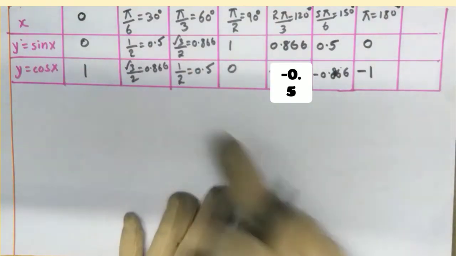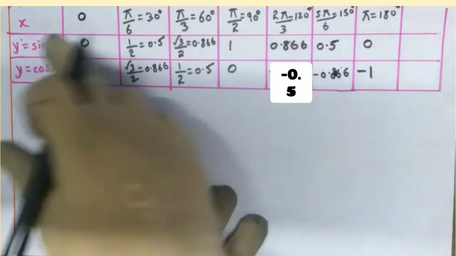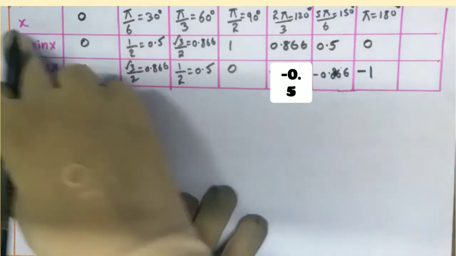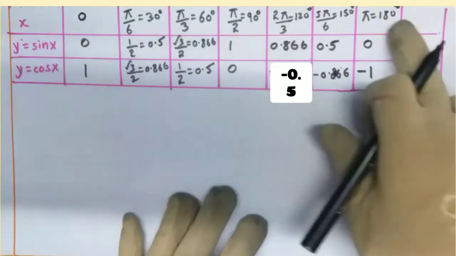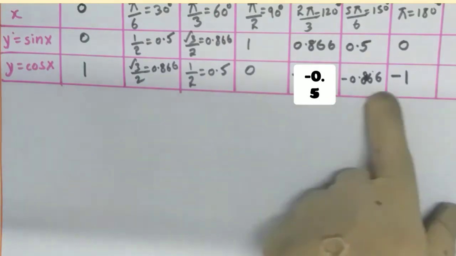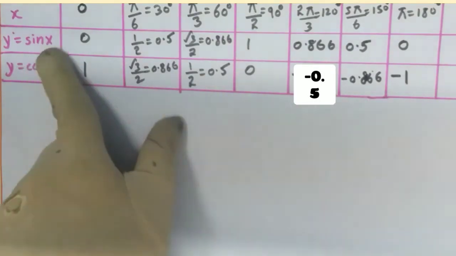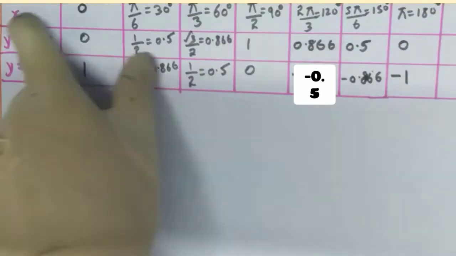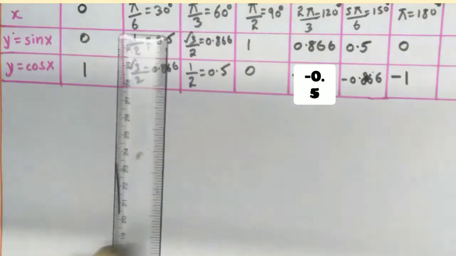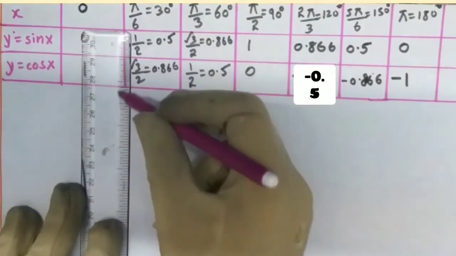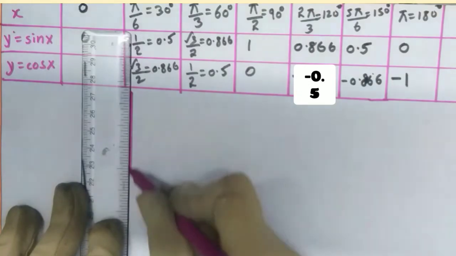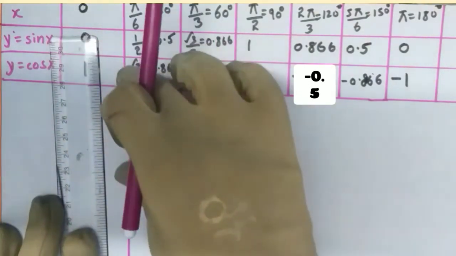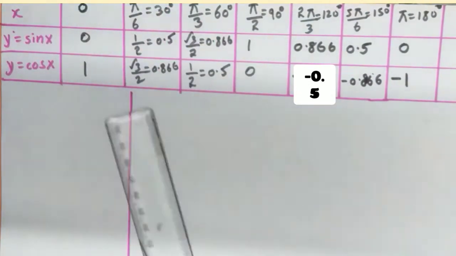So let us plot all these values in the graph. Before plotting, let me tell you that this is my x-axis, these both are my y-axis. So there will be two curves and one x-axis, okay? On the y-axis we have minus values, and on the x-axis all are positive. So we can take x-axis as much, and positive y-axis here, negative y-axis here.